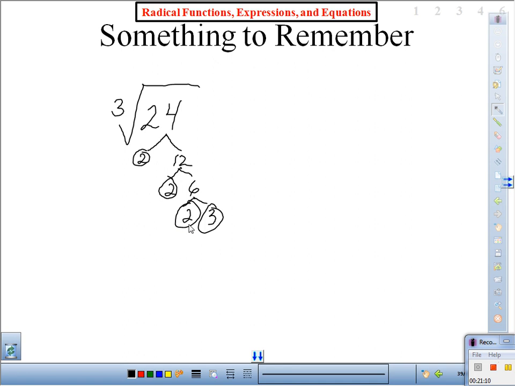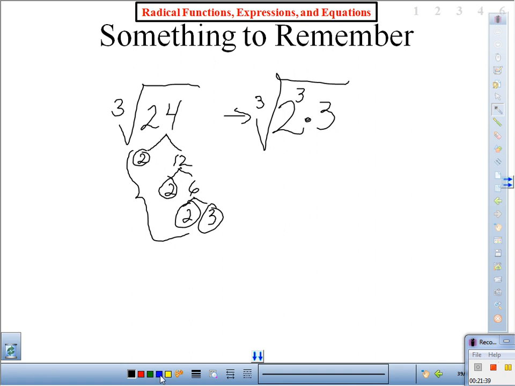Because if we multiply them, it's going to give us 24 again. So now that I have my prime factors, I can rewrite this as exponential expressions. This becomes 2, how many of them? 3 times. You see this? 2 to the third and 1 3, and all that under the cube root.